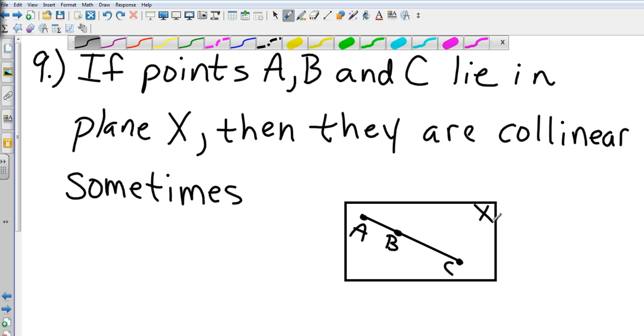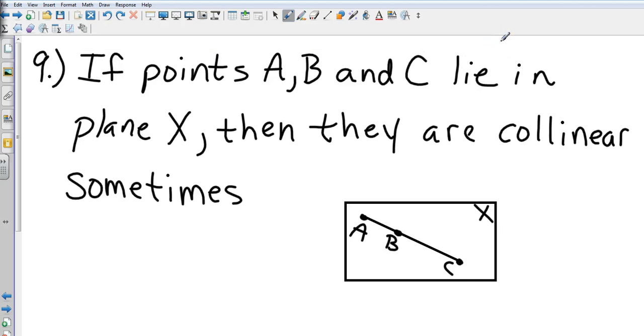Okay? Is that possible? Yes. The thing that makes it sometimes is because they won't always be collinear. You could have A, B, and C on that plane, but they don't have to be in a line. But they could sometimes. All right?